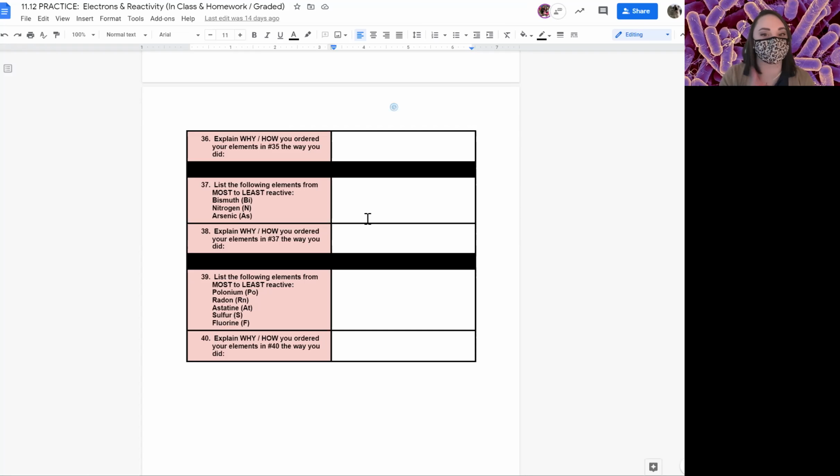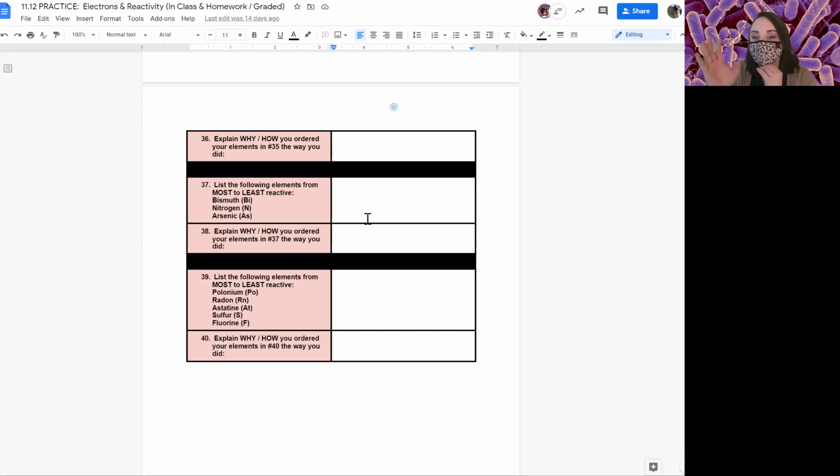So first, yes, if it's at the top, that means it has a smaller mass. And then what John is getting at here is if it has a smaller mass, that means the atom is smaller. A smaller atom means that there's going to be a stronger attraction from the nucleus to any electrons it's pulling in.